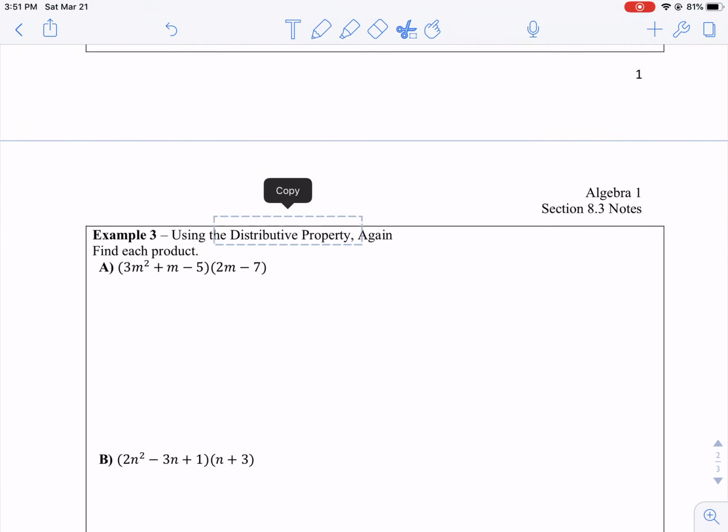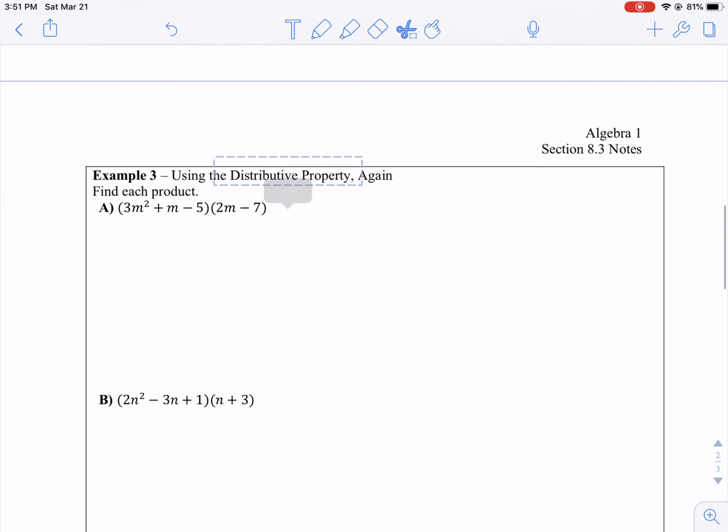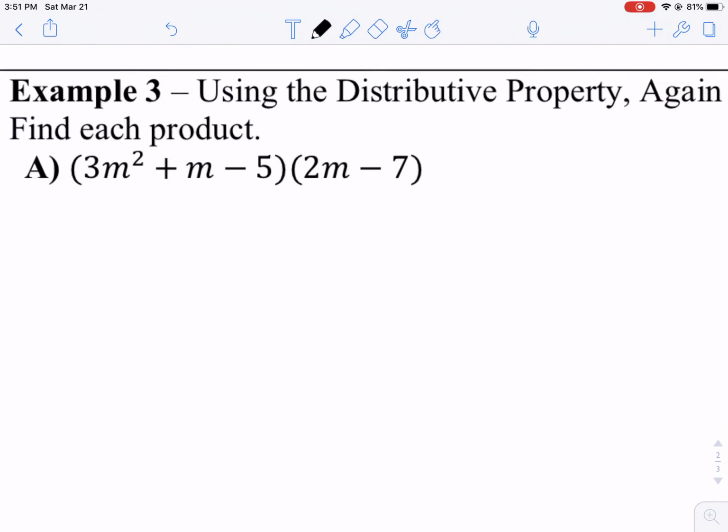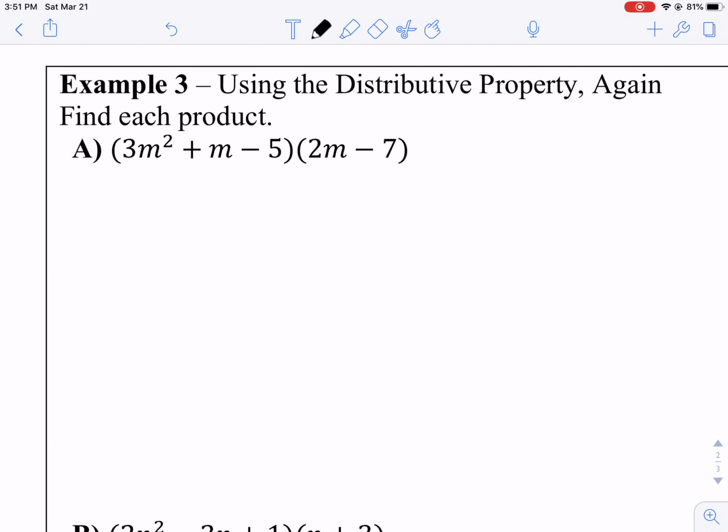Yay! So let's go ahead and put the distributive property in practice, and then I'll set you free on your homework. So here we go. We're going to use the distributive property again. Now there are two ways to do this. We could take each term here and distribute them to these guys, but I think it's going to be shorter if we distribute these guys into our first term.